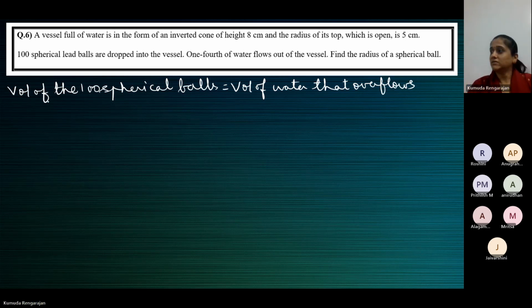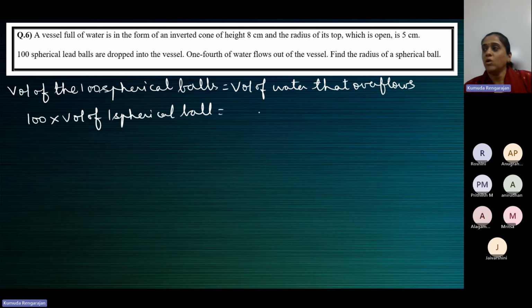Now see, it will be 100 into the volume of one spherical ball, is equal to the volume of water that flows out. It's given that 1/4 of the volume of the water flows out. 1/4 of the volume of the cone.